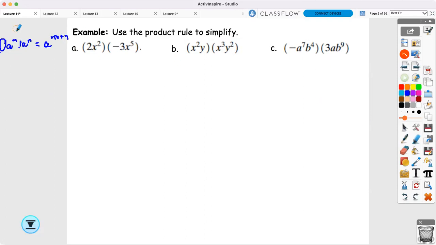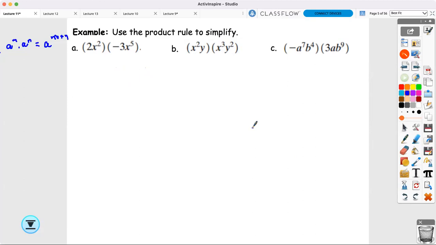Well, remember, the name of the rule is the product rule. And product is the answer of what type of problem, guys? Anyone? Product is the answer of a multiplication problem.